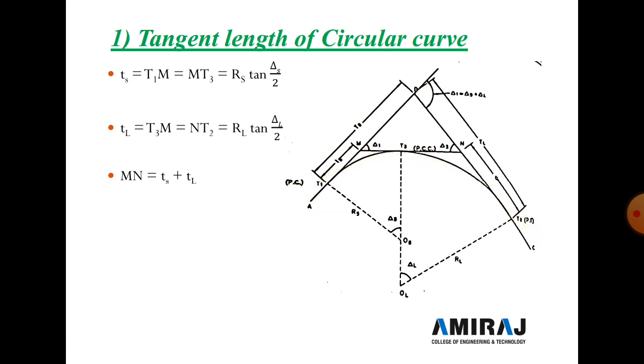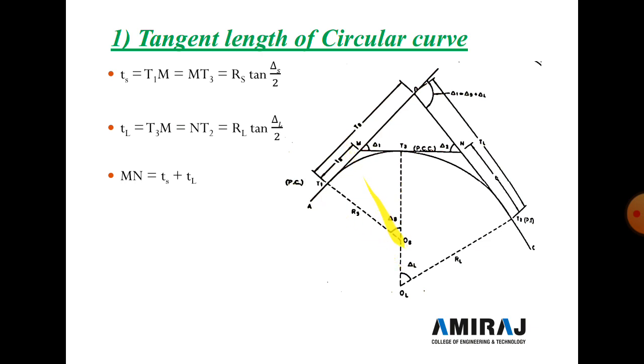So ts is equal to T1M, which is equal to MT3, which is equal to RS tan delta S by 2. Delta S is the full angle and the half angle is delta S by 2.